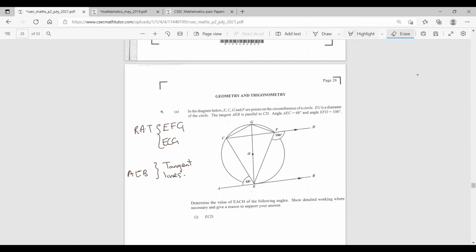A tangent line is a line that touches your circle at one point, or touches your circumference at one point. So it only touches at E. That's the only part this tangent line is touching. Right? CF, what is CF?